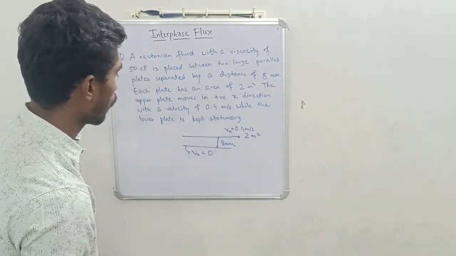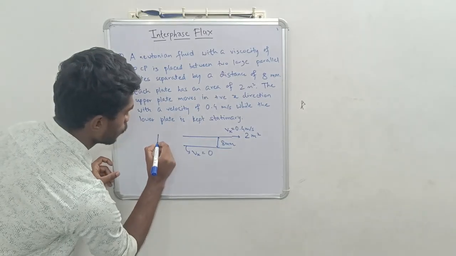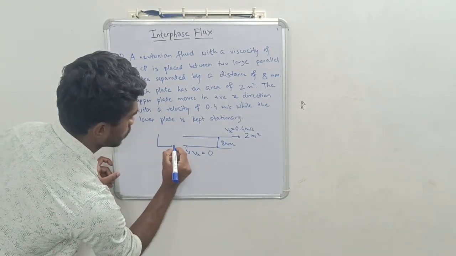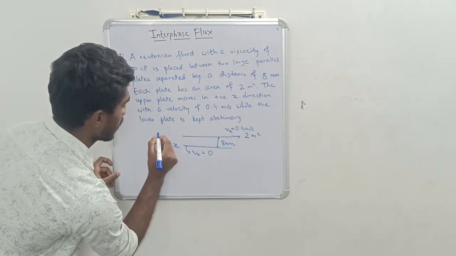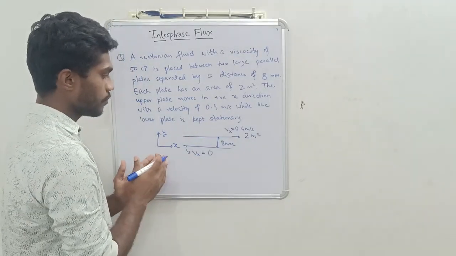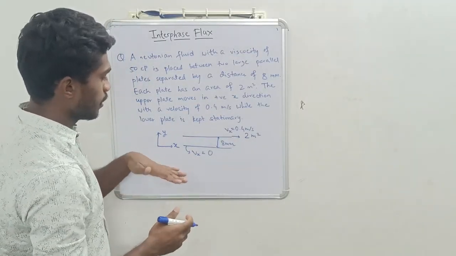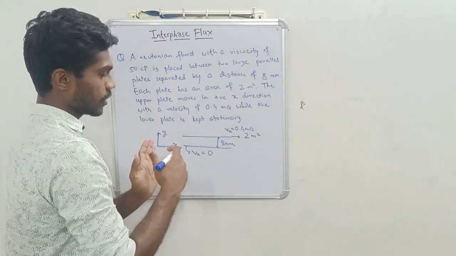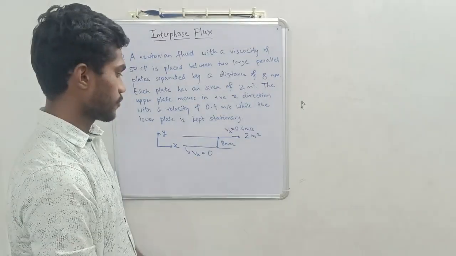So we can now form two axes. So this is x axis and this is y axis, and we know that momentum is transferred in y direction while the velocity is in x direction.